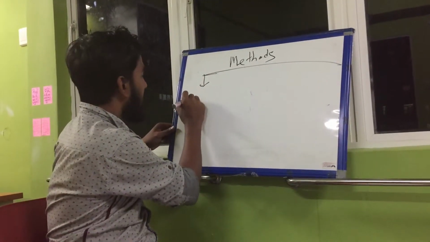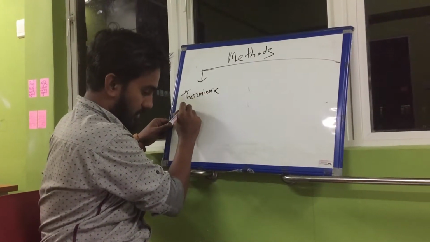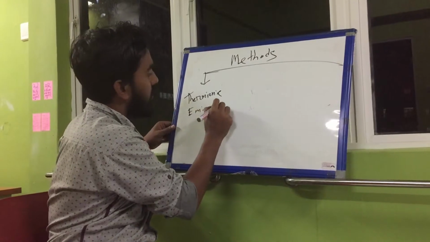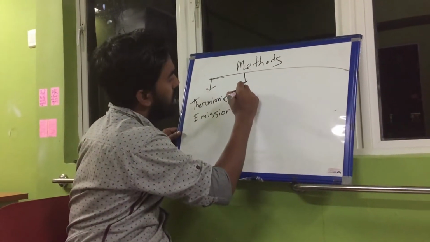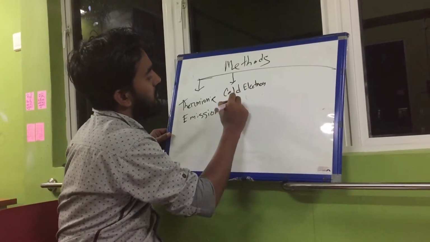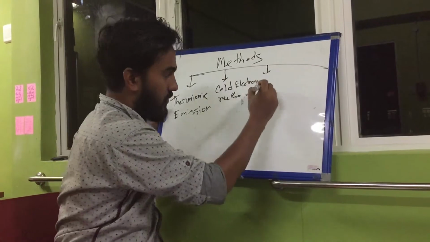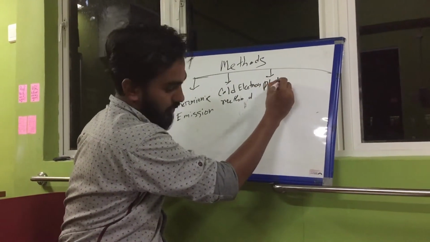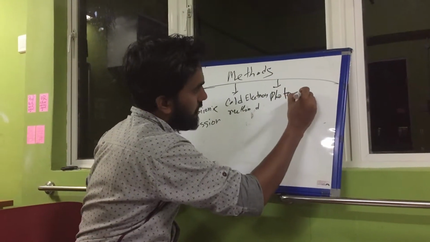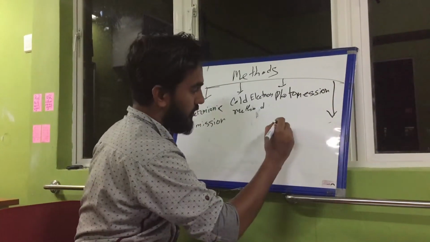So I will write that: thermionic emission, cold electron method, then photo emission, and the last one is Kelvin probe.